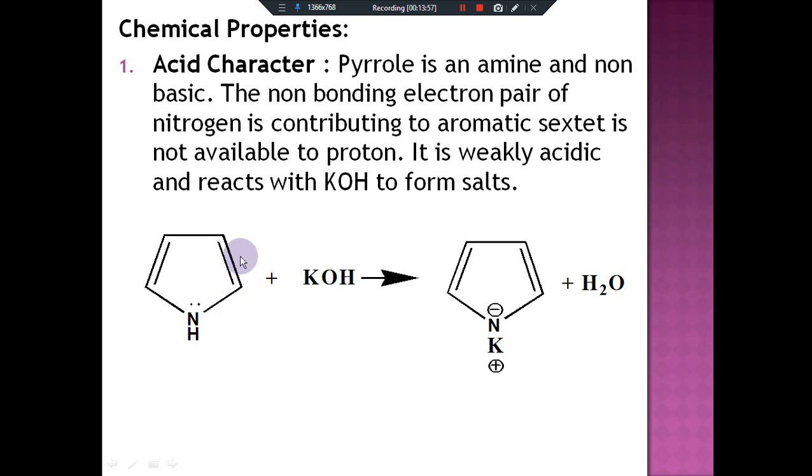That is why pyrrole is a very weak base, whereas it reacts readily with strong bases like KOH to form a salt. That means pyrrole has weakly acidic character. So it is a weak acid.